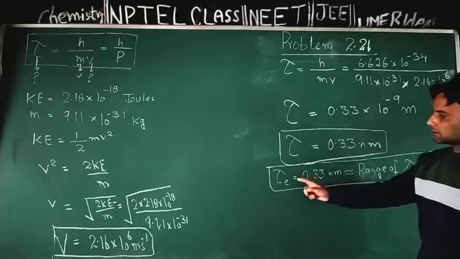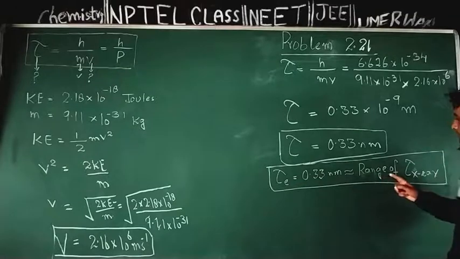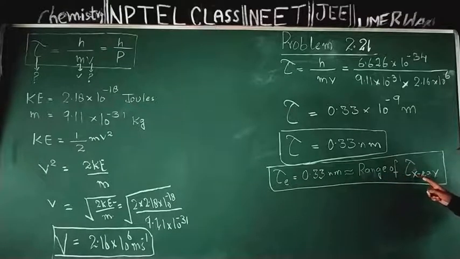So I said that wavelength of wave associated with moving electron lies in the range of wavelength of X-rays, and it is a sort of experimental proof. It is a sort of proof that electron behaves as wave, because its wavelength is similar to wavelength of X-rays. So X-rays are waves, so electron also has wave character.